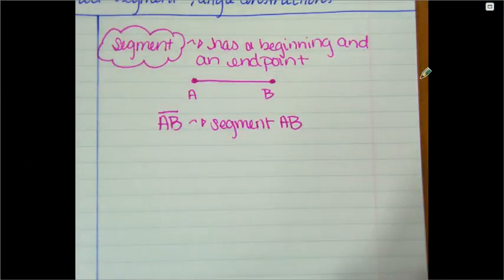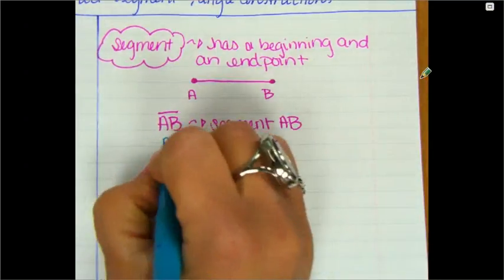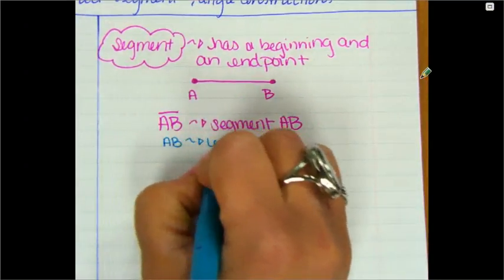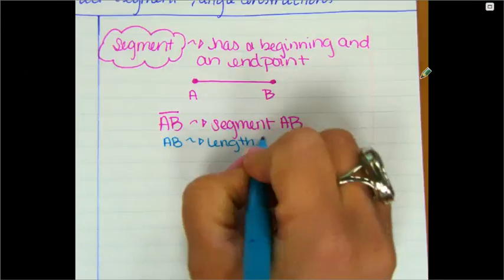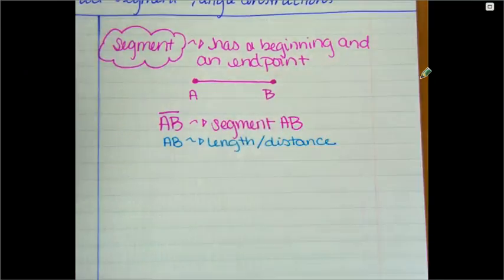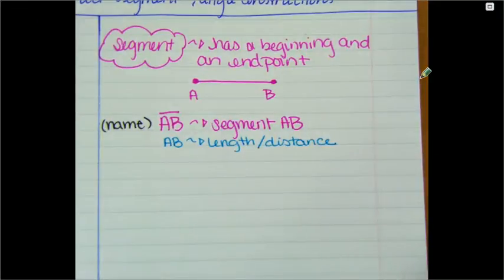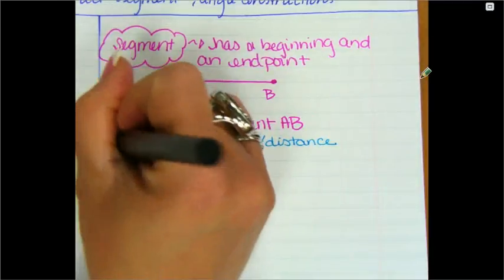If we're taking measurements of it, then we would just write AB, but this is when we want the length or the distance. So the top one is its name, and the bottom one is the measurement.